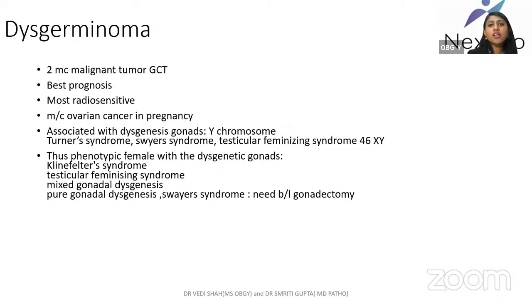One other thing about dysgerminoma is that it is one of those tumors more commonly seen along with pregnancy. It is associated with dysgenic gonads, where a Y chromosome is present.